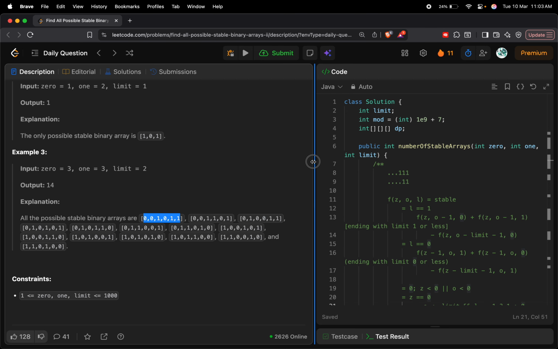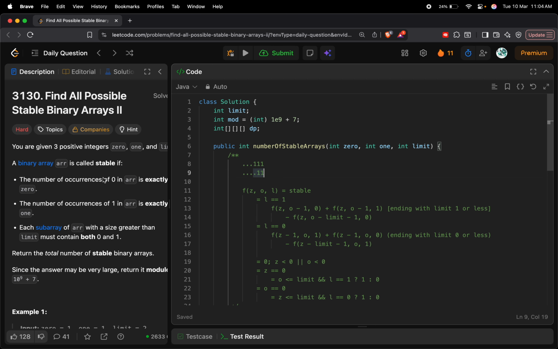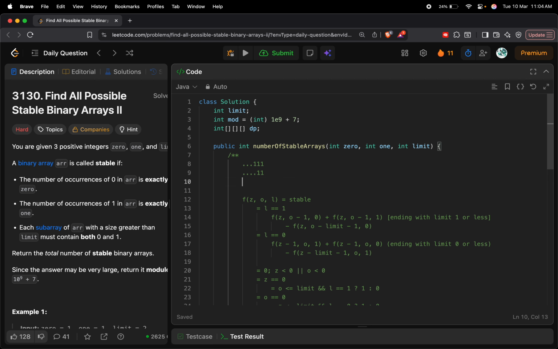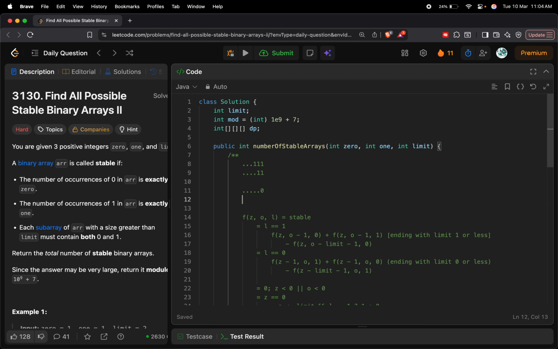Let's say we have a magical function f which will take these three parameters: the number of zeros which we have, the number of ones which we have, and the limit. Since we have to form stable arrays, they can either end with 1 or end with 0.